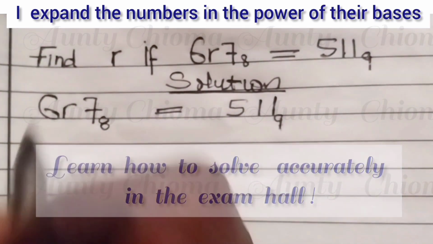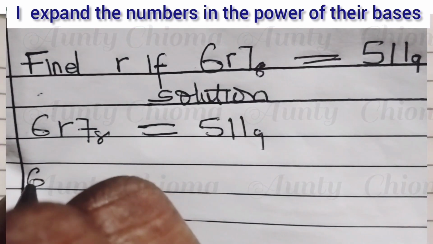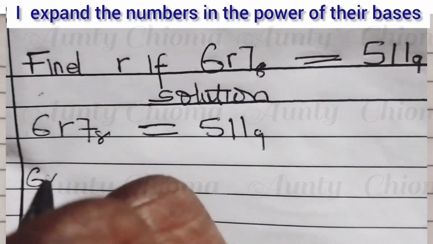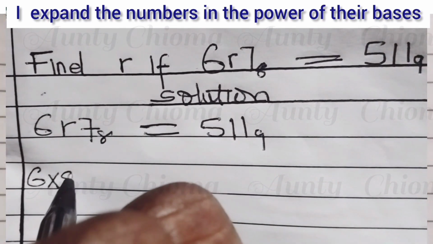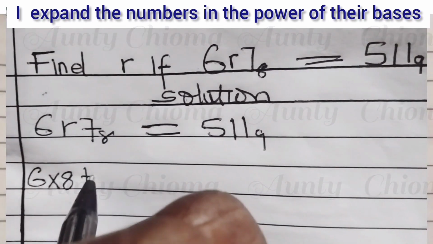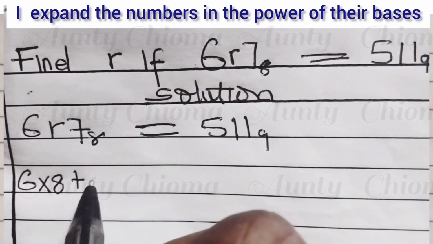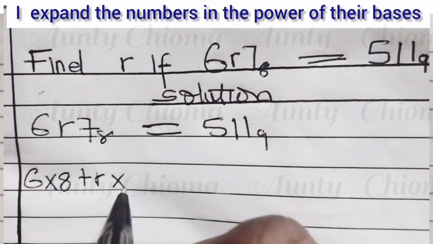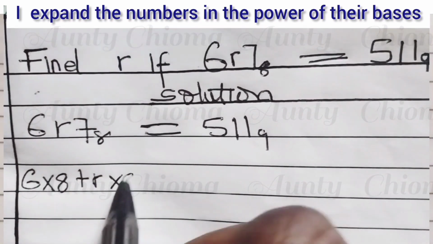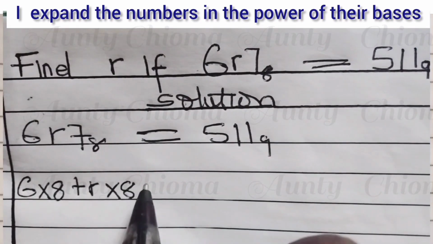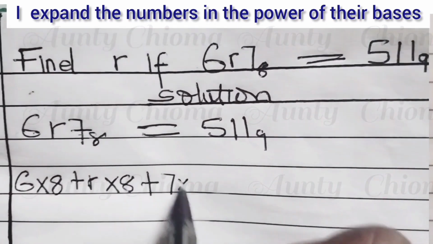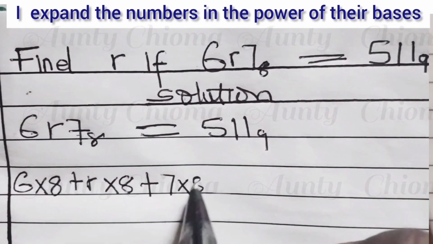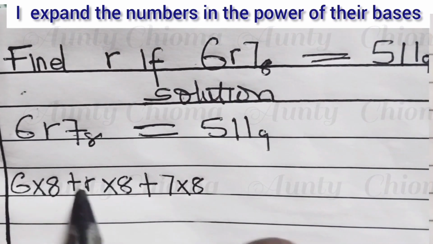I start, I write 6 times base 8, plus R times base 8, plus 7 times base 8. Yes, I'm finished with this side.